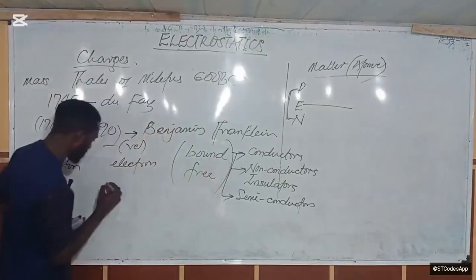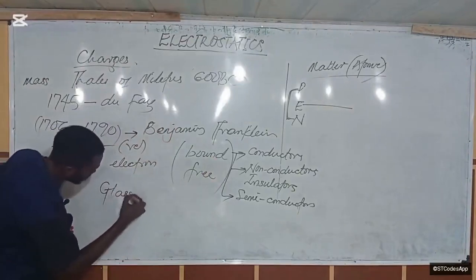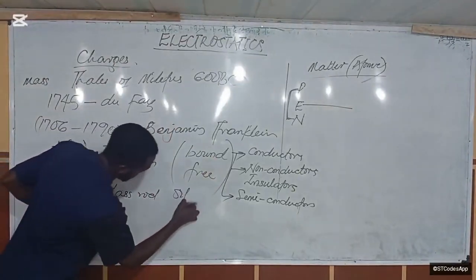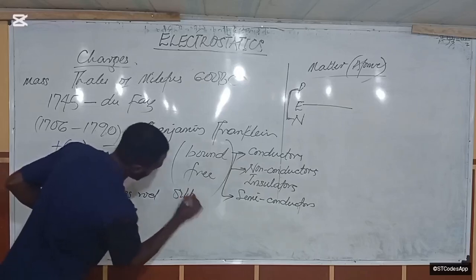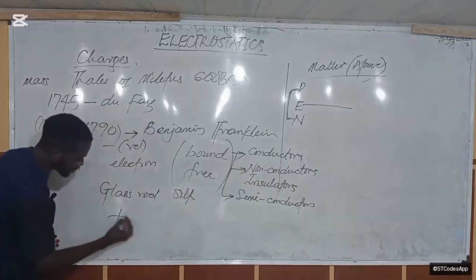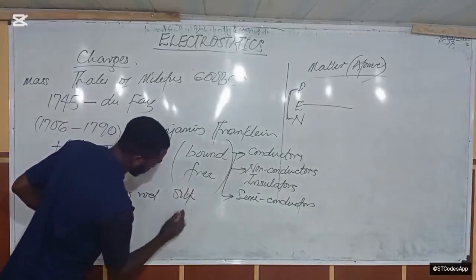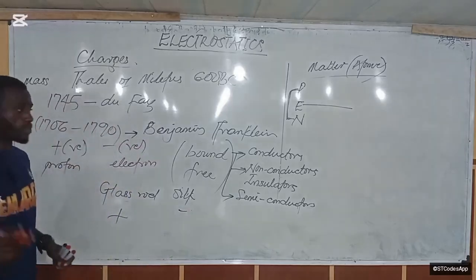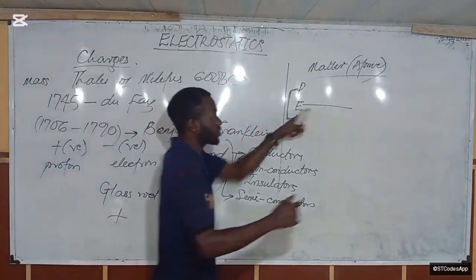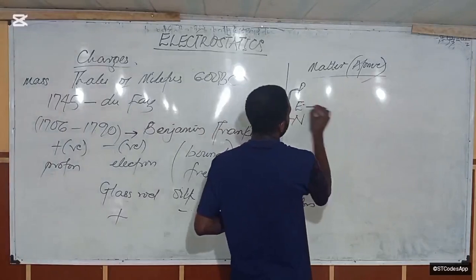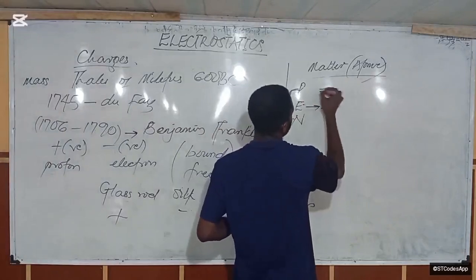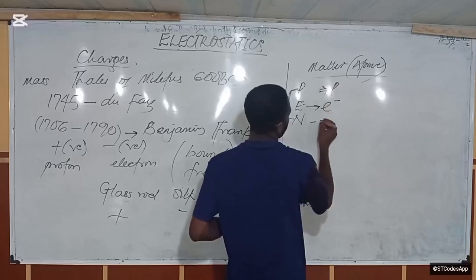So remember, I said when you rub glass rod and silk together, the glass rod will become positively charged, the silk will become negatively charged. So what happened? We know that the electrons are the negative charge. This way we write the electrons are negative, these ones are positive, this one's neutral.